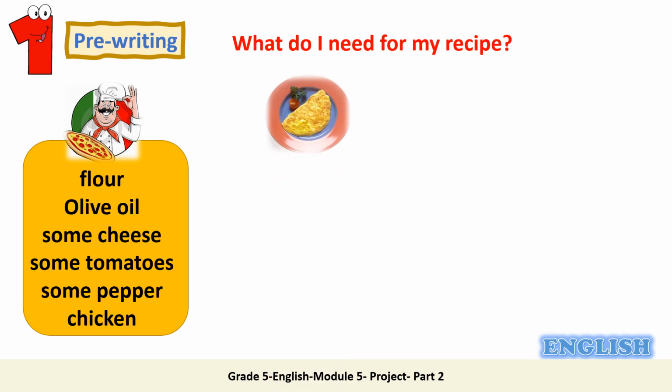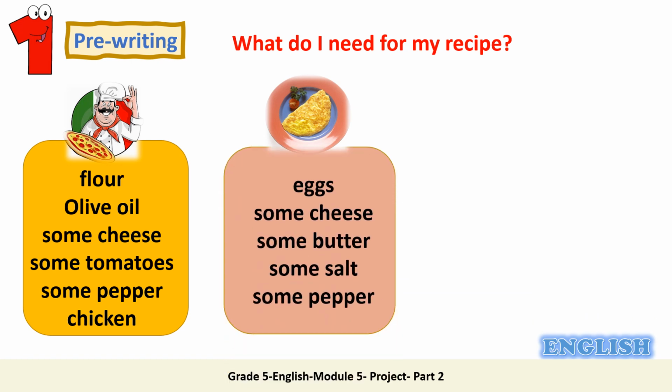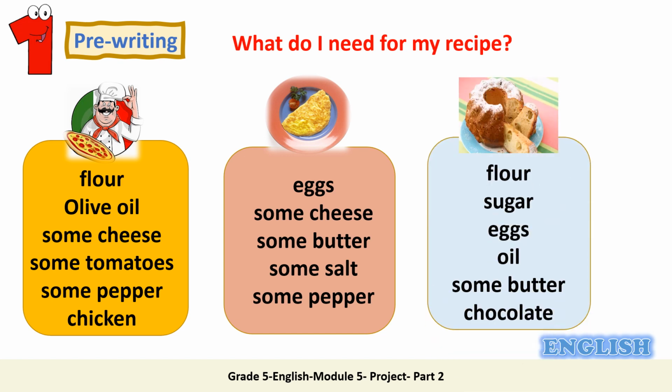If your recipe is an omelette recipe, you will need eggs, some cheese, some butter, some salt, and some pepper to make the omelette. If your recipe is a cake recipe, you will need flour, sugar, eggs, oil, some butter, and chocolate to make the cake.